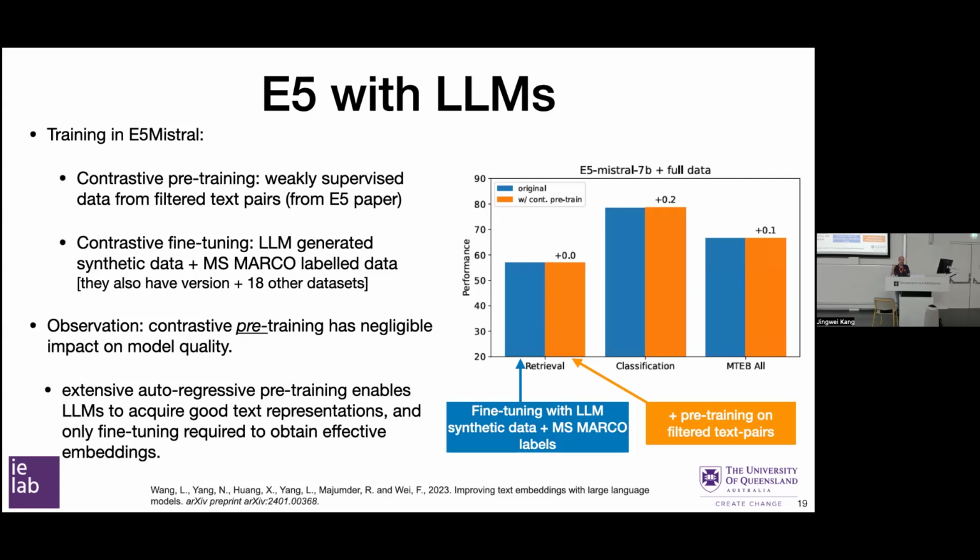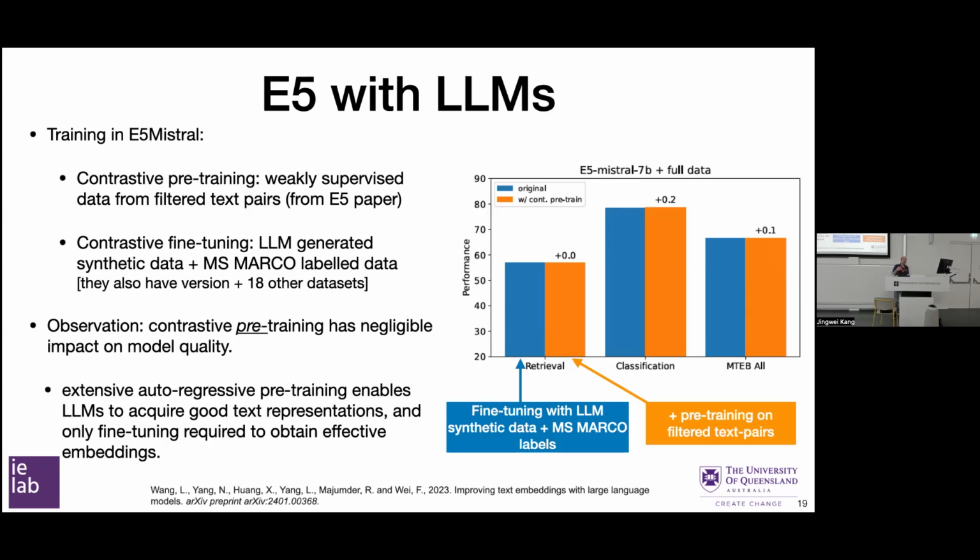But what they found is that unlike with the E5 based on BERT, where that contrastive pre-training was actually quite good, for the new LLM-based backbone the contrastive pre-training has a very negligible impact on the quality of the model.